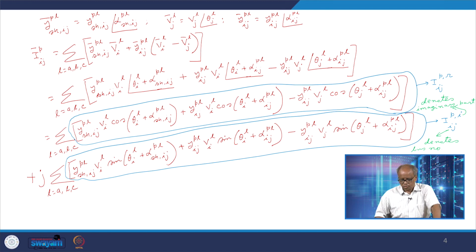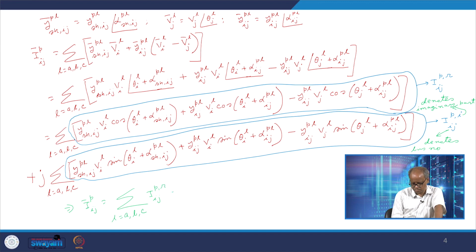Right. So with this notation, I can write down that Iijp, for P equal to A, B, C, is Iijp R plus j Iijp I. So this is the case.